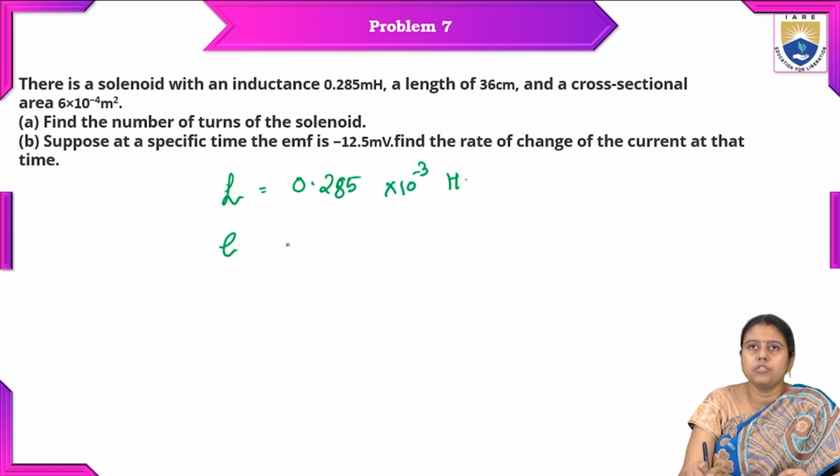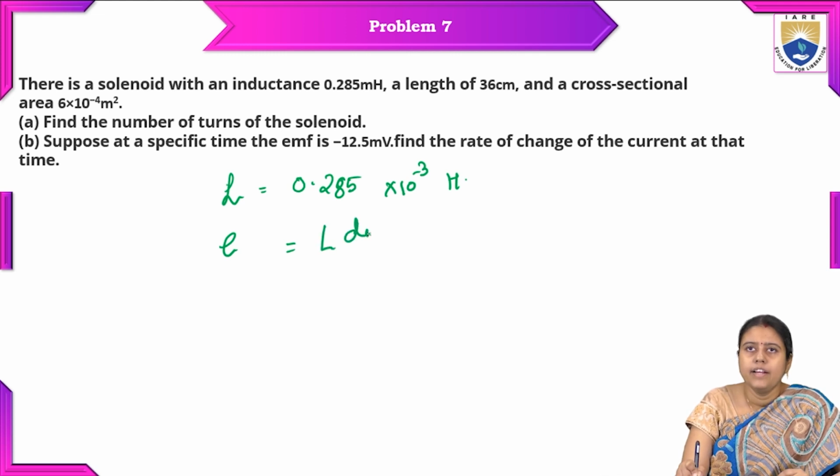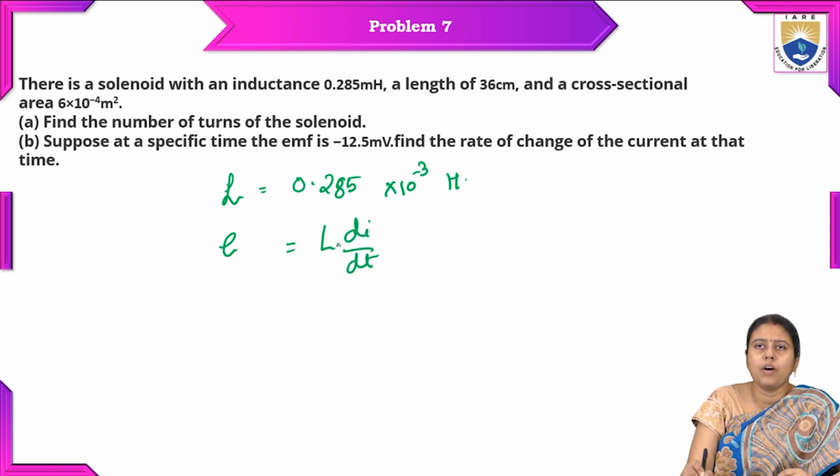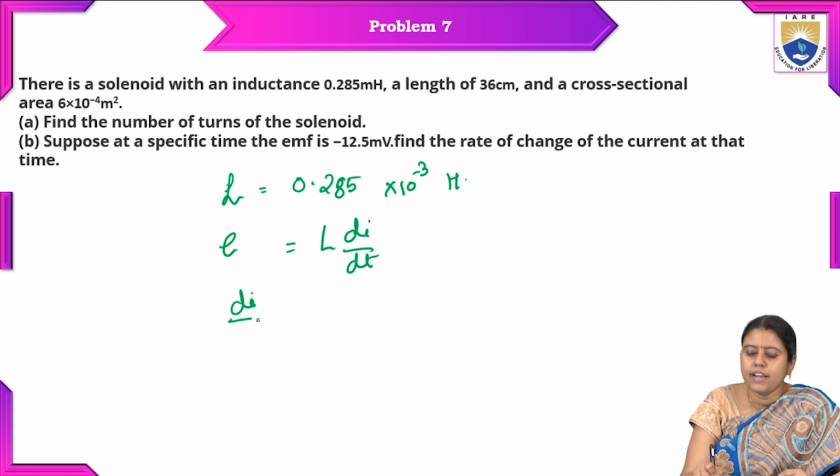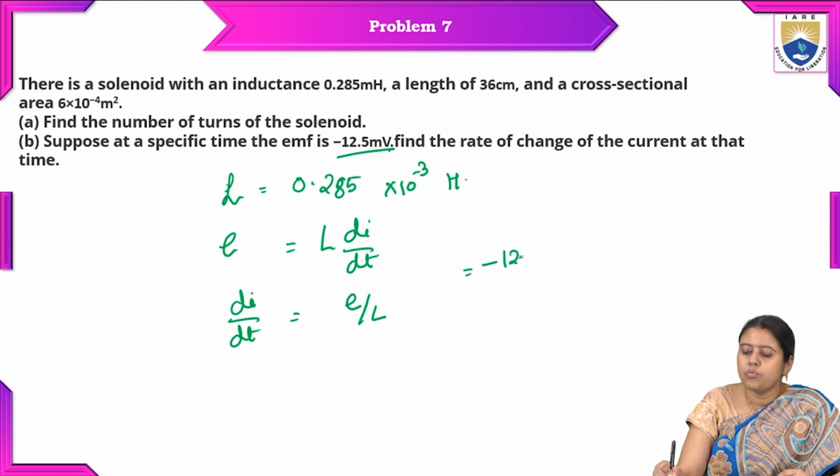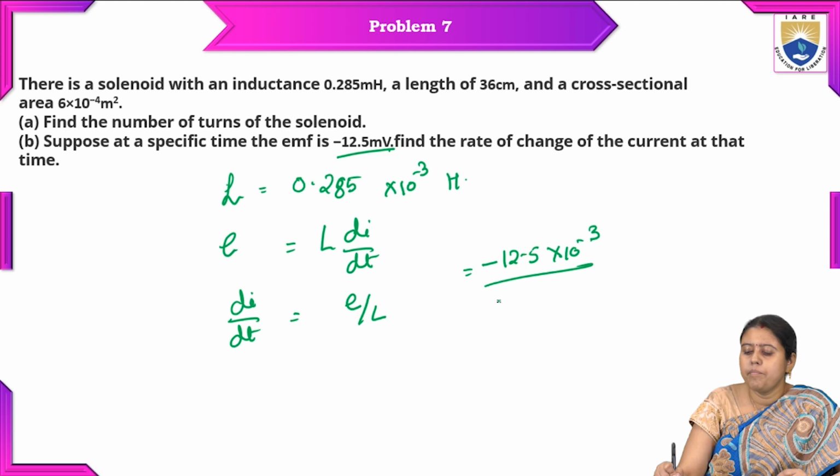And we know induced EMF is equal to L di by dt. So what is the rate of change of current? di by dt is E by L. What is the E value? Minus 12.5 into 10 to the power minus 3 divided by 0.285 into 10 to the power minus 3.